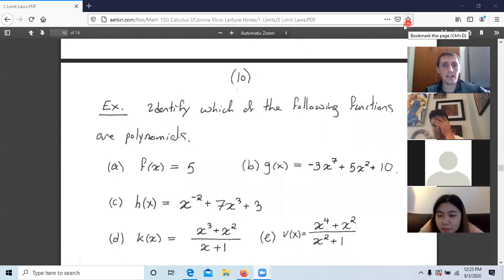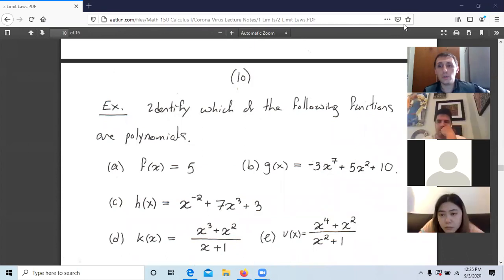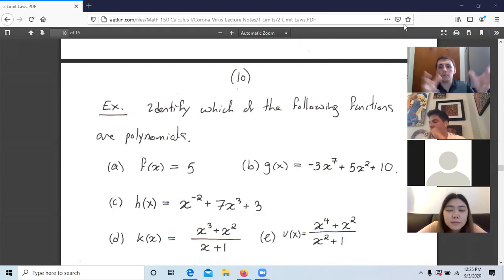So again, what is a polynomial, guys? A polynomial is a function that can do whatever it does using only operations of multiplication and addition. Do you understand? If only multiplication and addition are required to do the digestion, then it's a polynomial. Does it make sense? Every function we study will process a number and make it into something else.